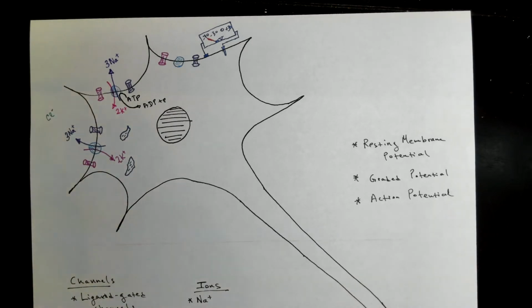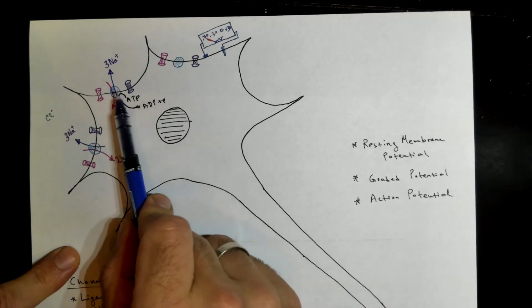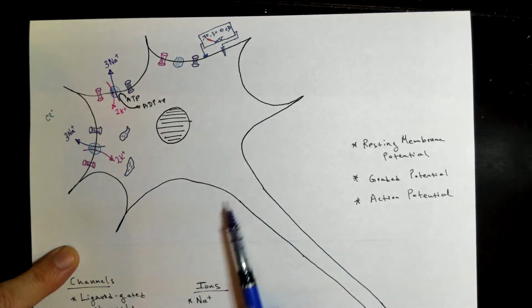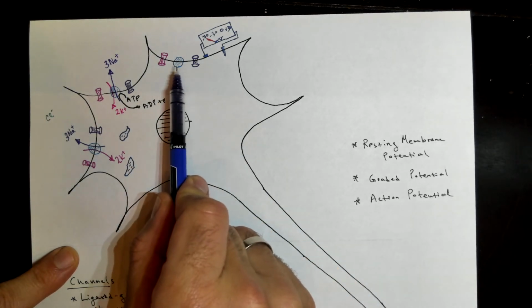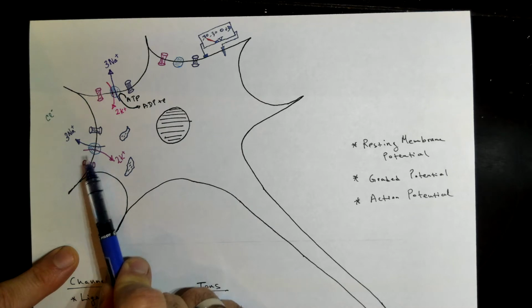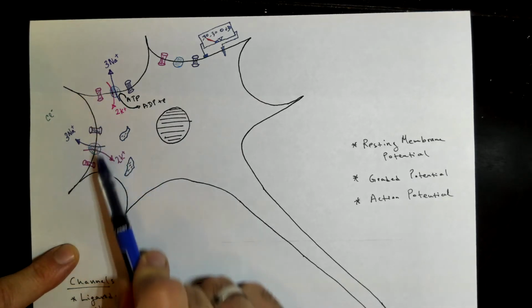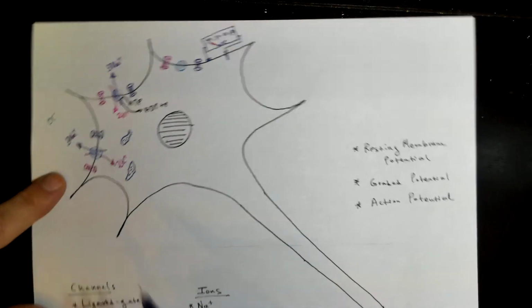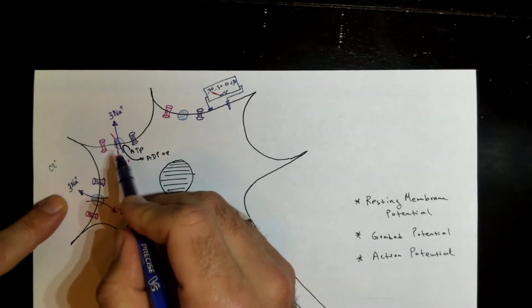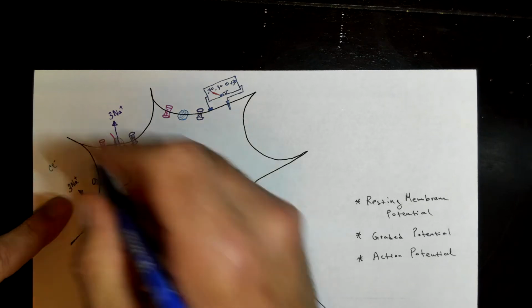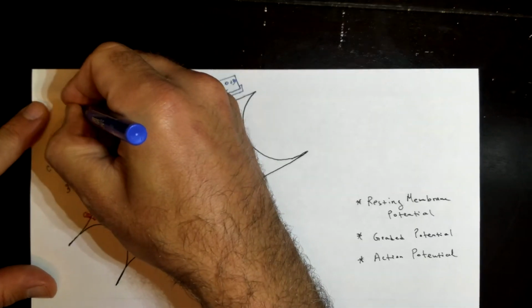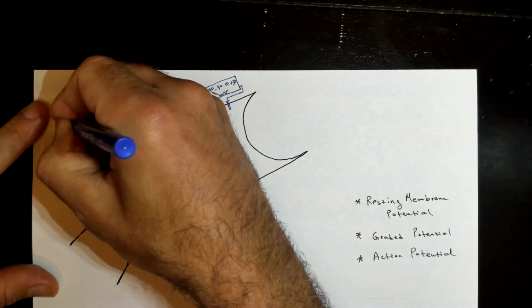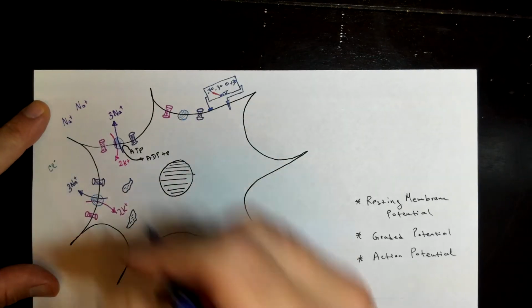Now, because it's doing this, and you can see it happening all over the neuron here, I've drawn it over here, I've also drawn it here, and you can imagine it all over the place. As it does this, it creates an environment wherein there is a lot of sodium that is going to be outside the cell in general.